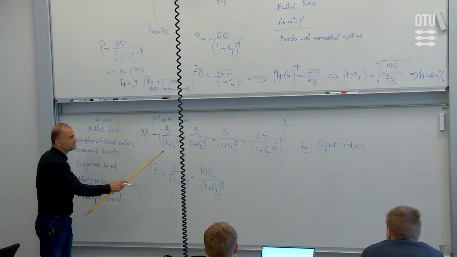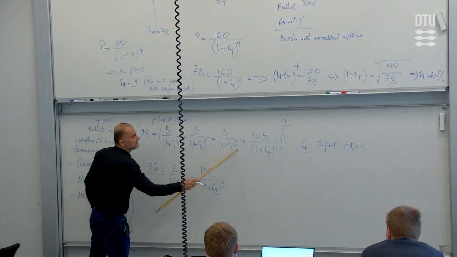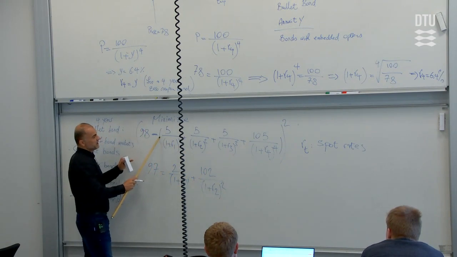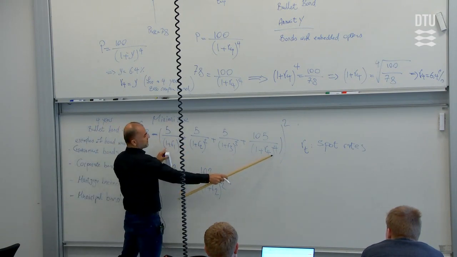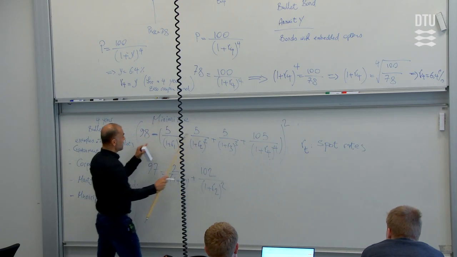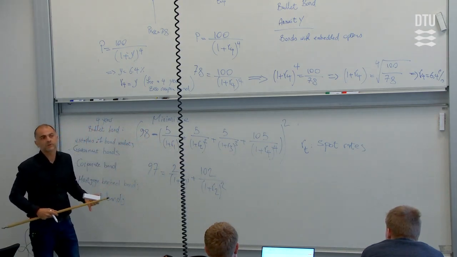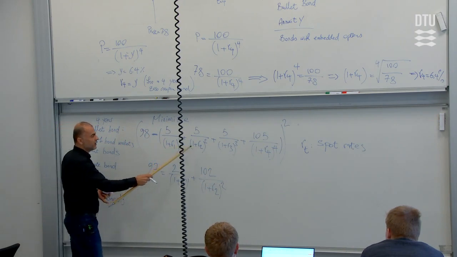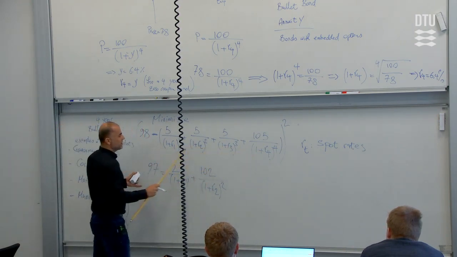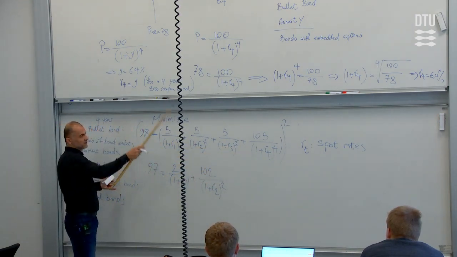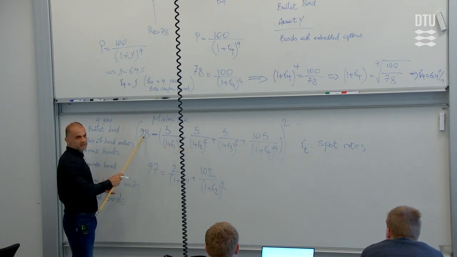I essentially want to find some R's which make sure that what we have in the parentheses here gets as close to the price as possible, because that's essentially the idea with the price formula, right? You want to have some R's in such a way that if I put them into the price formula, they would give me exactly the price.